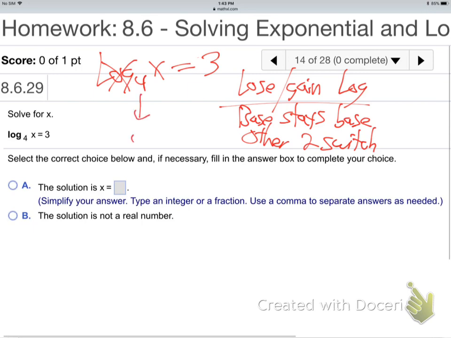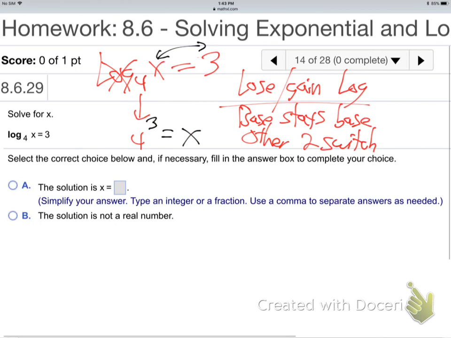So 4 will continue to be the base, the low down one. And the other two will switch. So instead of 4 to the x power, it's 4 to the third, and the x goes over there.